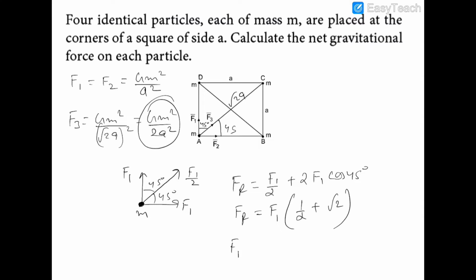So F resultant will be equal to G m square by a square into (2 root 2 plus 1) divided by 2. So this is the resultant force acting on this mass which is kept on the corner of the square.